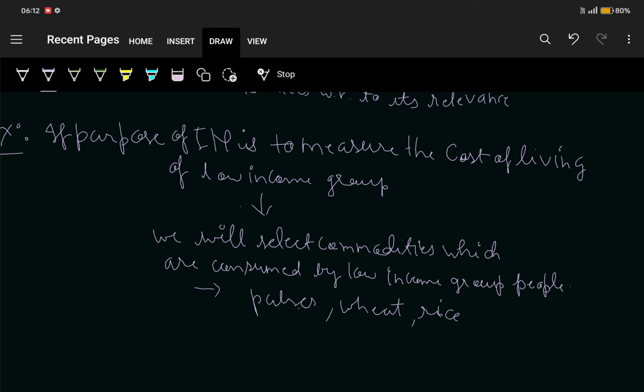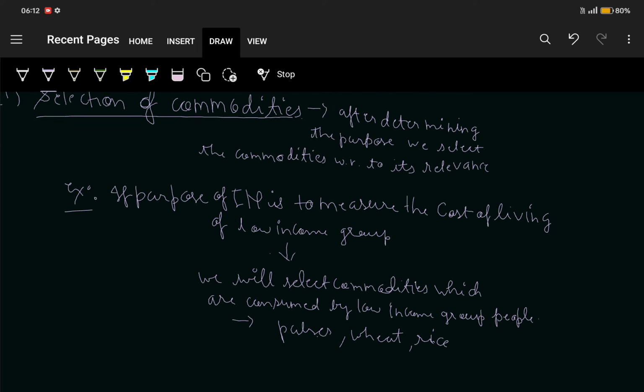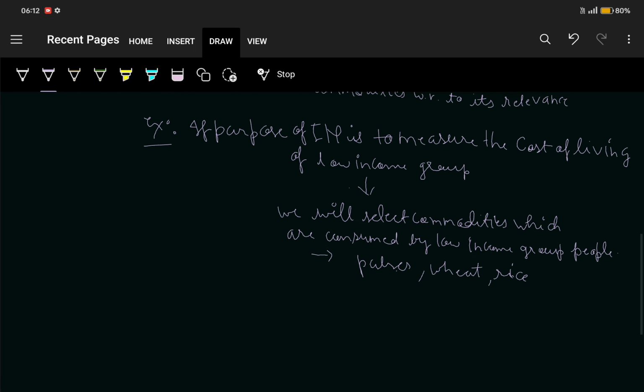So prices of pulses, prices of wheat, prices of rice, etc.